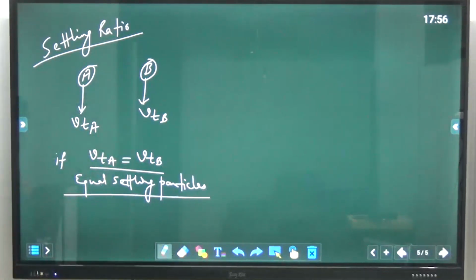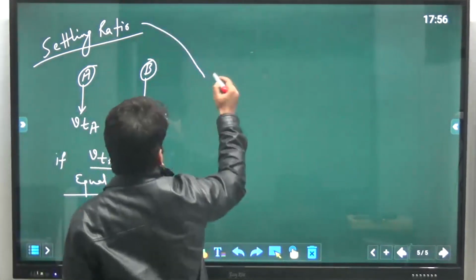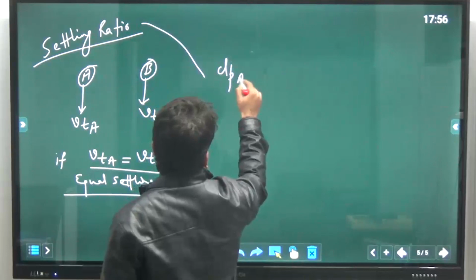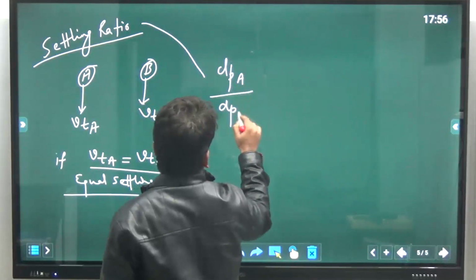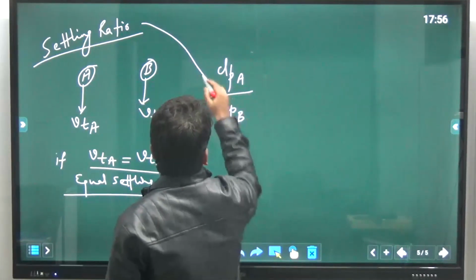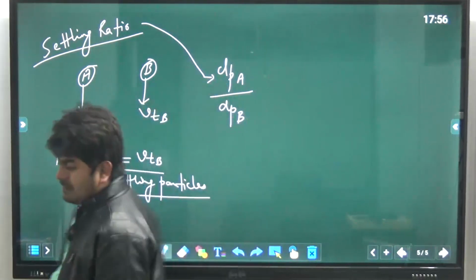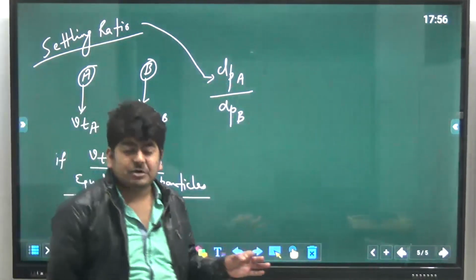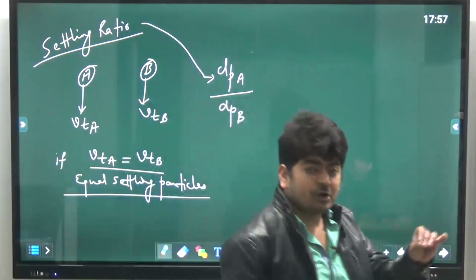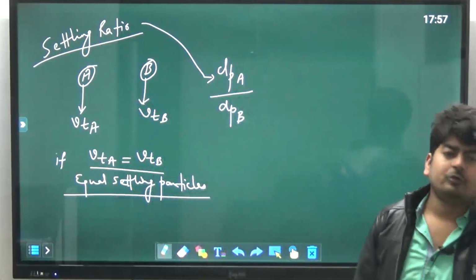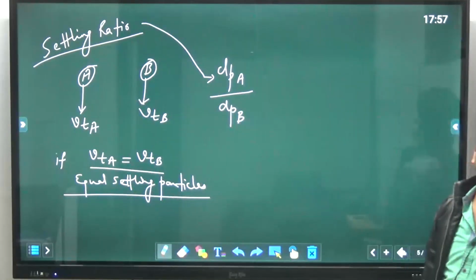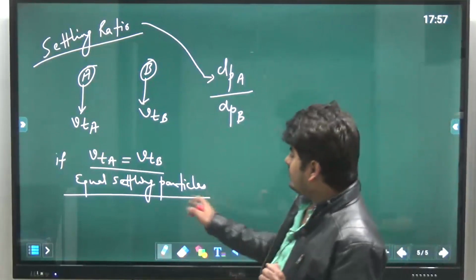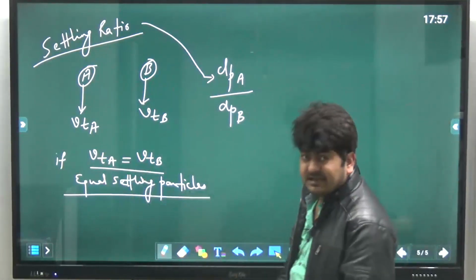And the ratio of their diameters is called the settling ratio. So settling ratio is the ratio of the diameters of two equal settling particles. This is the condition.